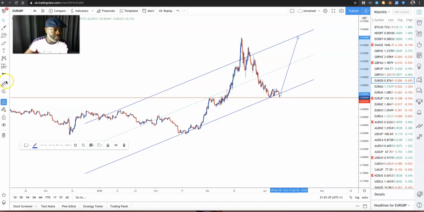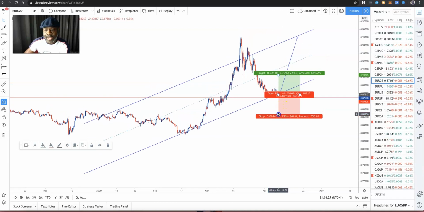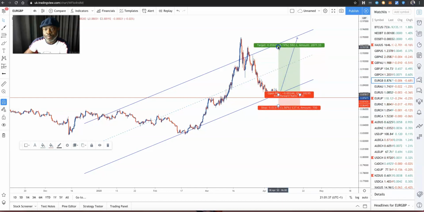If we take this tool here for a long position and you go in here, you can see straight away that you have a very, very good risk to reward ratio on this trade all the way up here. Let's have a look at that. You're talking almost around 4.